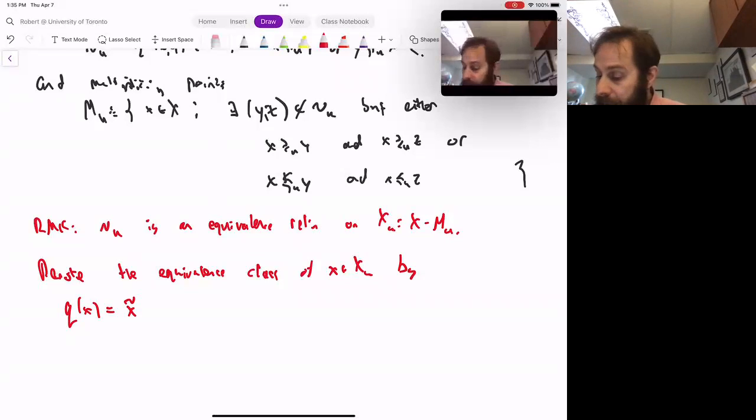I'm going to sometimes view that as a subset of X_u, and sometimes I'll view it as an abstract point in the set of such equivalence classes.